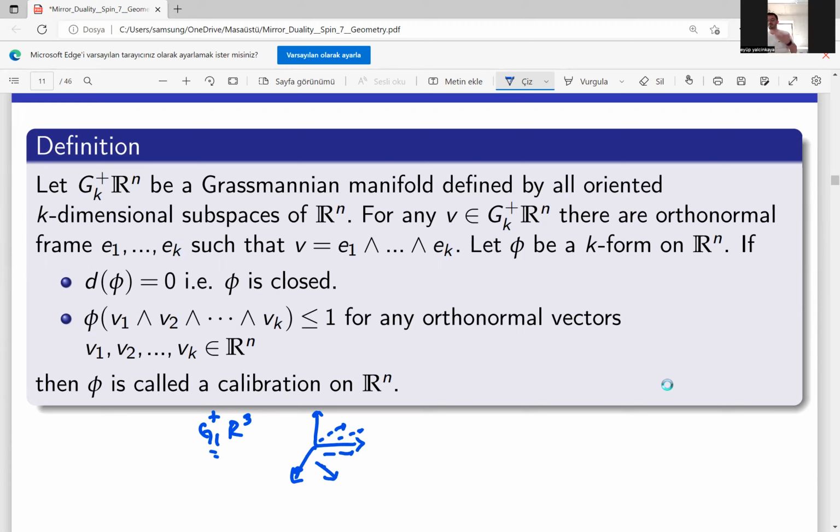You can think about two-dimensional planes; this is orientable, so you don't need the other. And for vectors, you can take a point on a sphere.